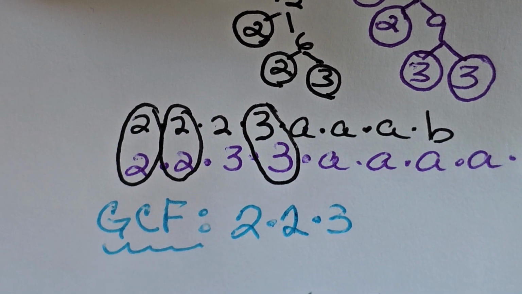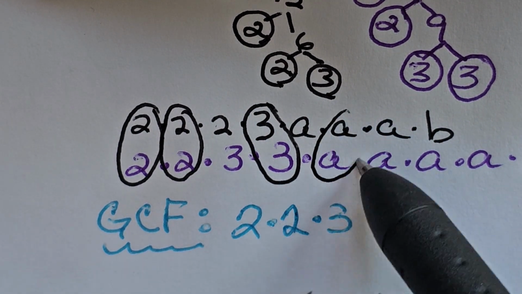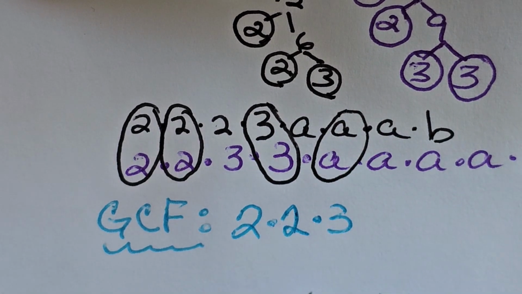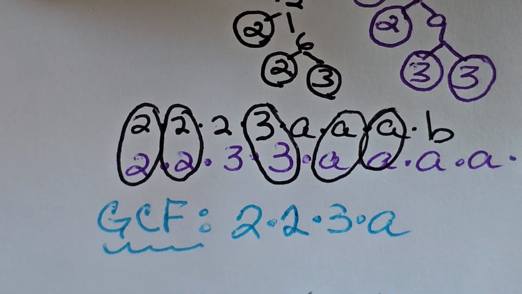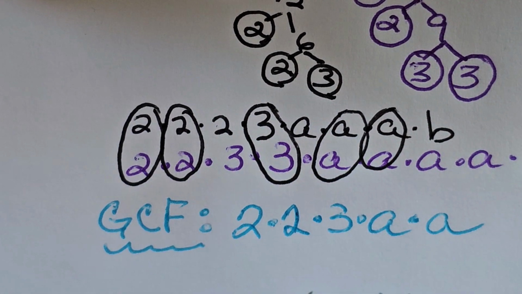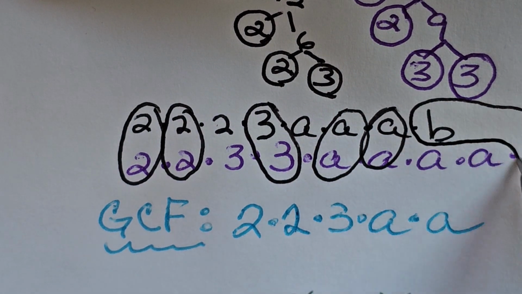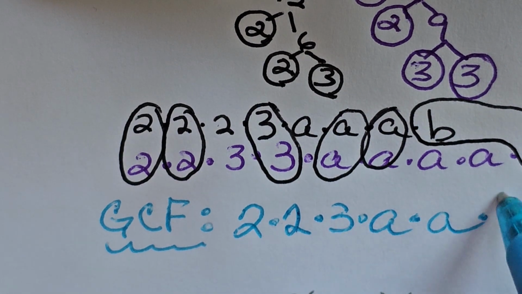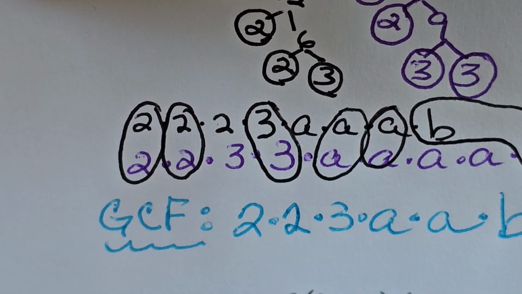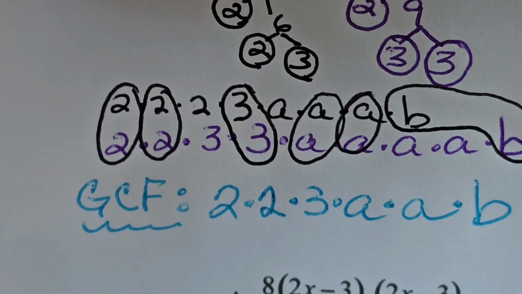Now let's start looking at those variables. Well, I see that they have 1 a in common. Write it down. They have a second a in common. Write it down. And they have a b in common. So write it down. Okay. So now let's put it all together.